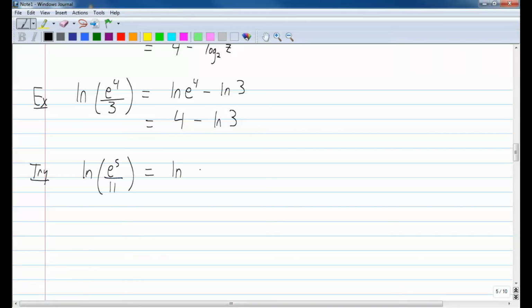So I can write this as the natural log of e to the 5th minus the natural log of 11. And then the natural log of e to the 5th is 5. So 5 minus natural log of 11.